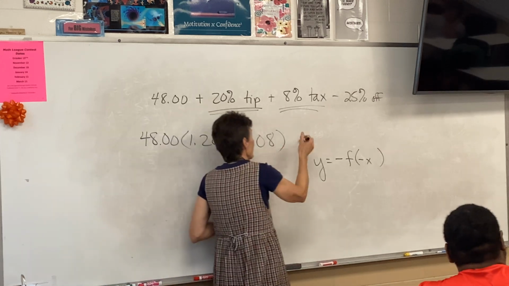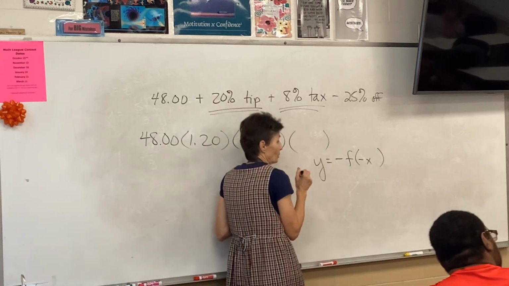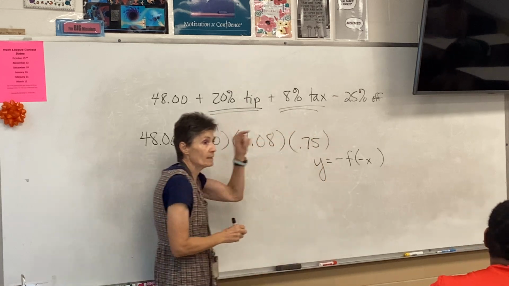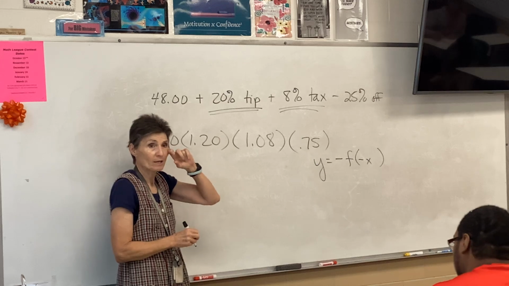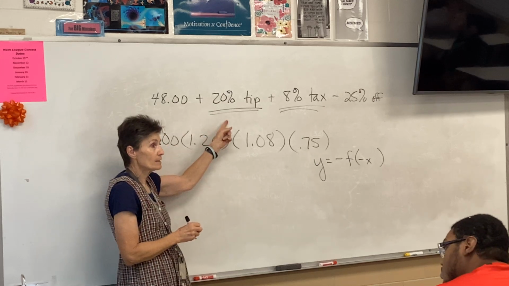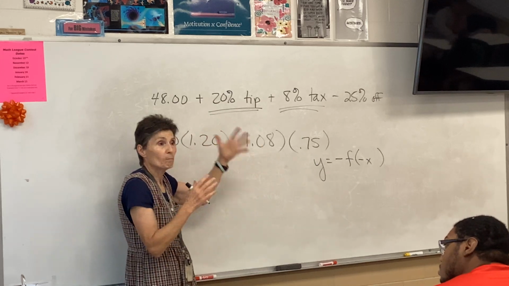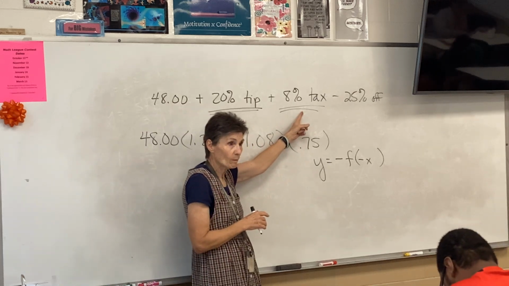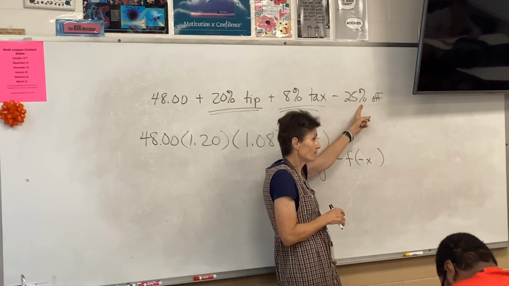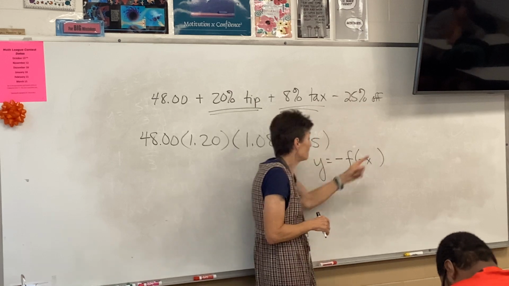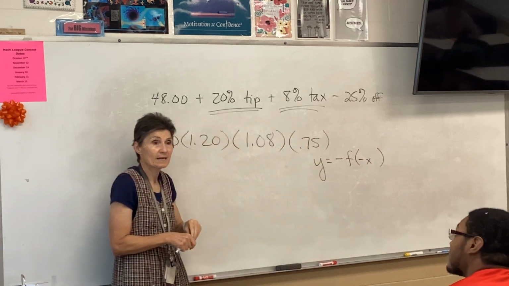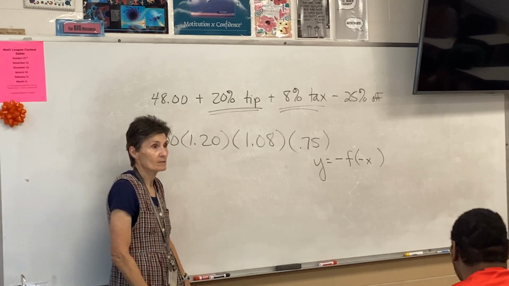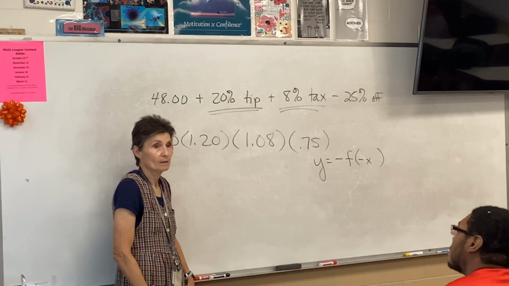What does a 25% coupon look like? 0.75, that one is a subtraction. This is 1 plus 0.2. This is 1 plus 0.08, and this is 1 minus 0.25. And then you multiply all that together, and round it off to the nearest cent, and that will be your answer.